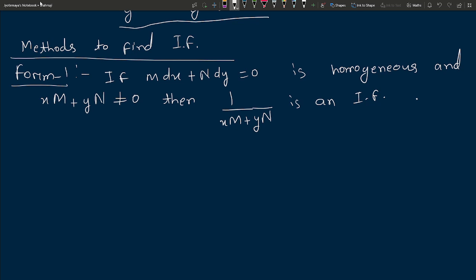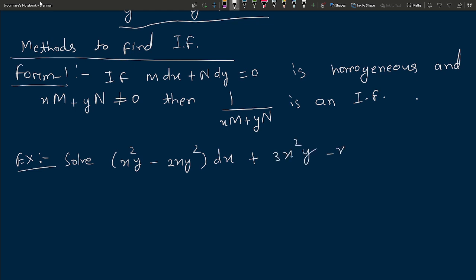Okay, so remember this from form 1. Now see, solve some examples. Example: solve (x square y minus 2x into y square) dx plus (3x square y minus x cube) dy equal to 0.